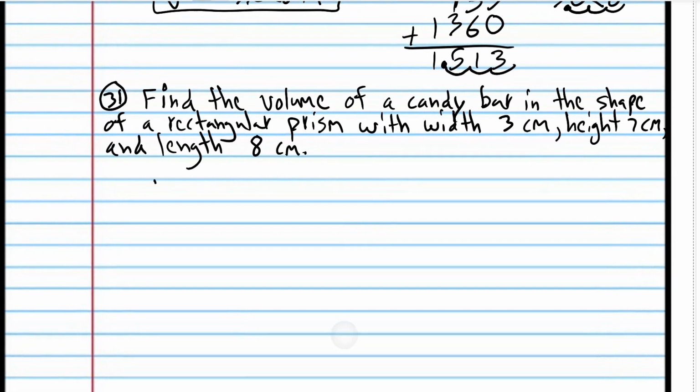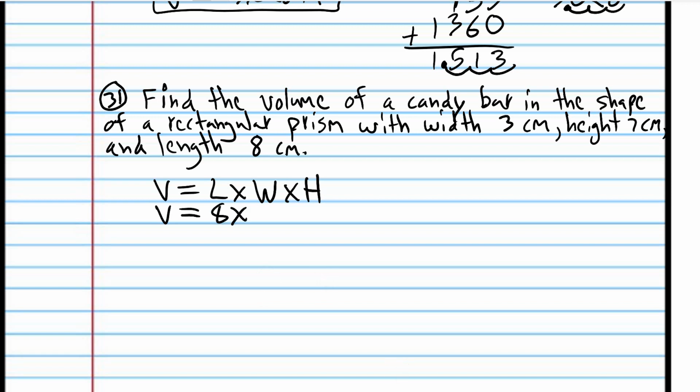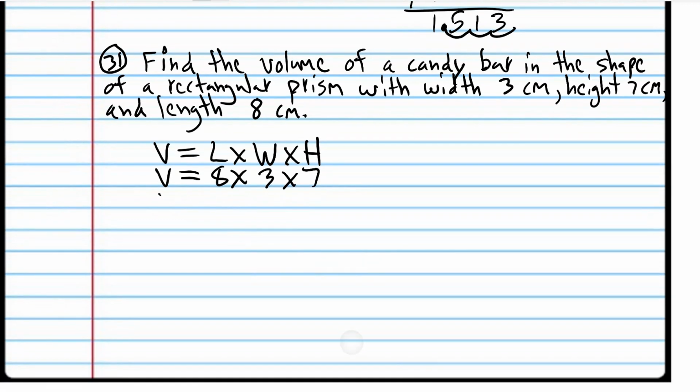All right, we're back. We're going to show the formula we're using. Now we're going to plug in the numbers. The length is 8, but it doesn't really matter what the order is again. Height is 7. 8 times 3 is 24.